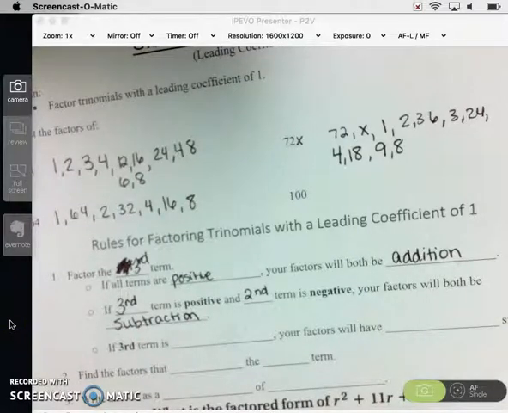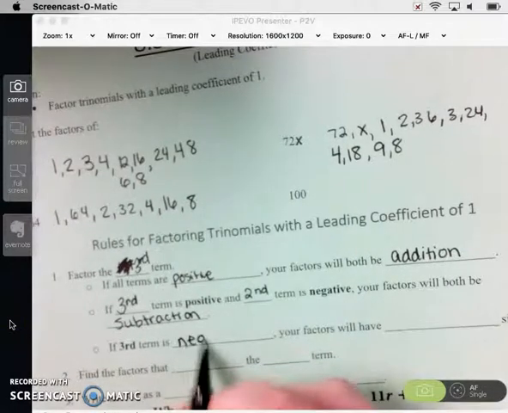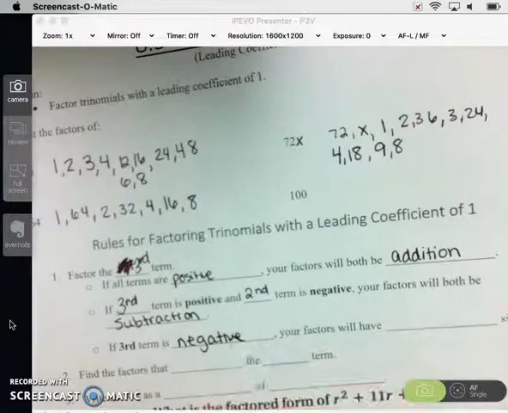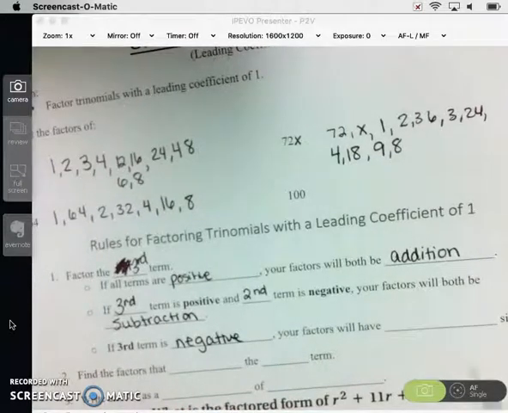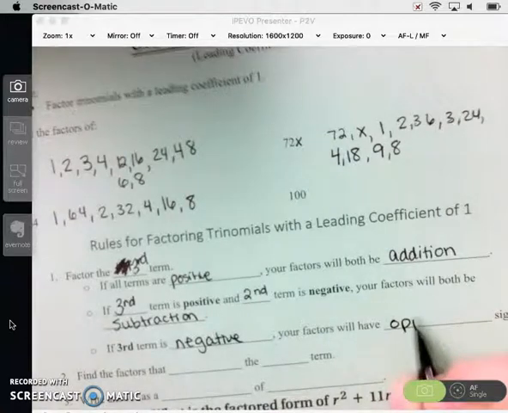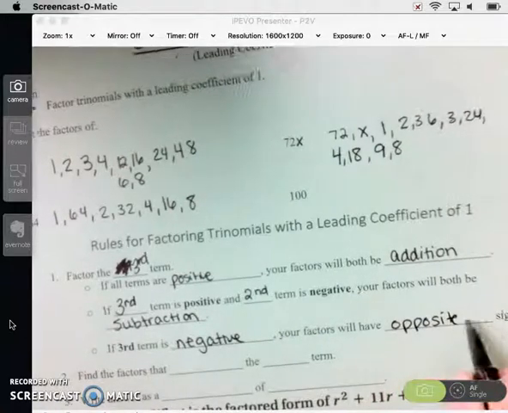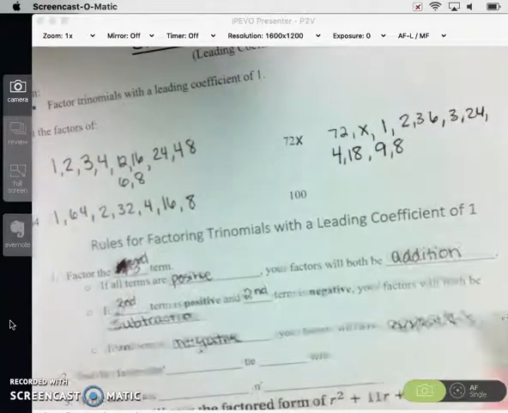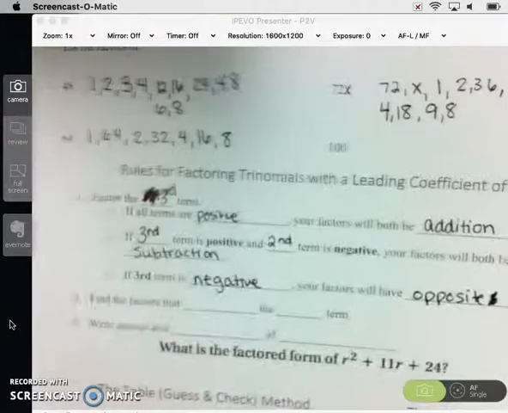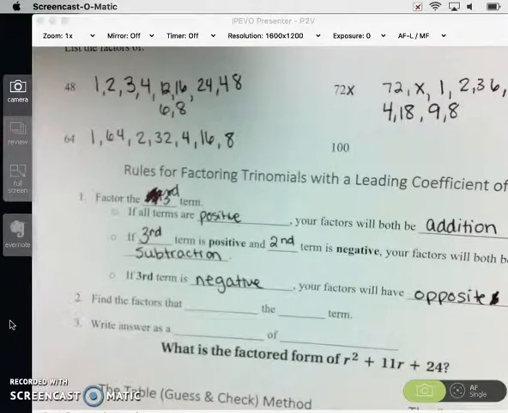And if your third term is negative, your factors will have, what do you think? Opposite signs.